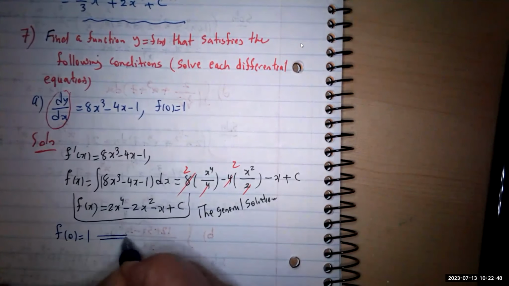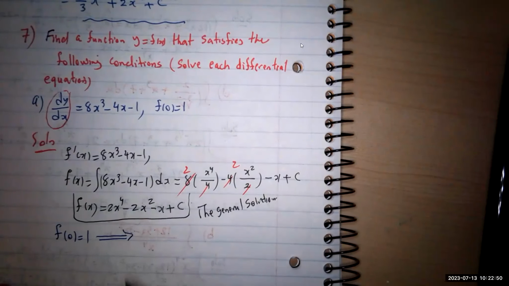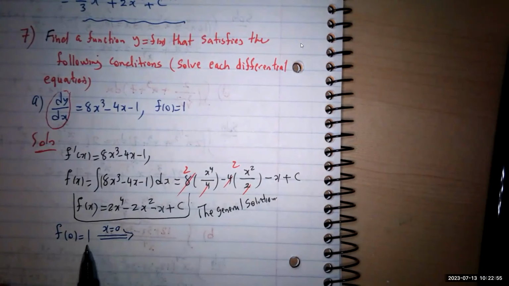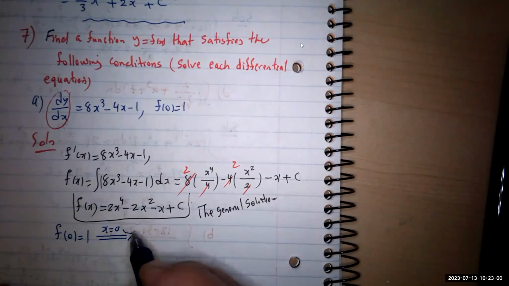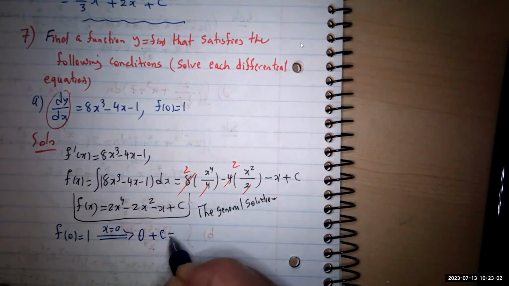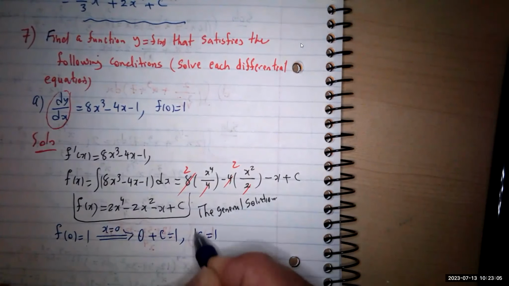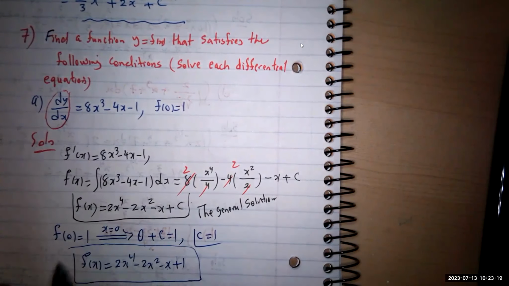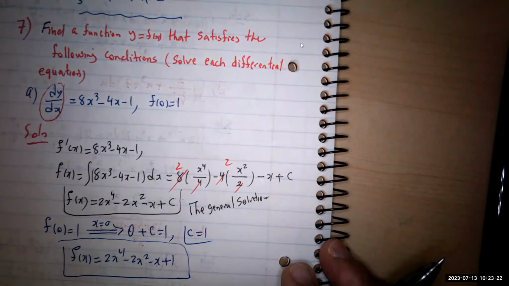So this means you go to this equation, you plug in x equal to 0, and you let it be equal to 1. If you put x equal to 0, it's going to be 0 plus c, which must be 1. So c is 1. So the function in question is f of x equal to 2x to the 4th minus 2x squared minus x plus 1. So this would be the so-called particular solution. This is the way we are going to use it in science.